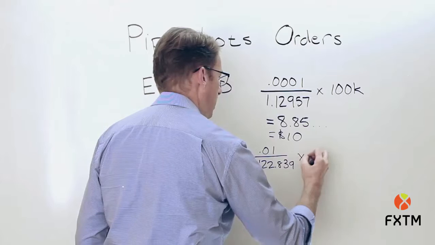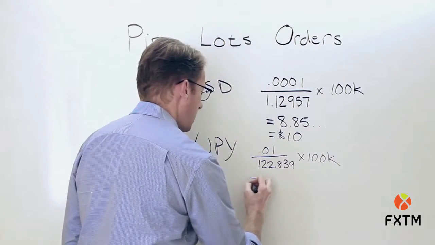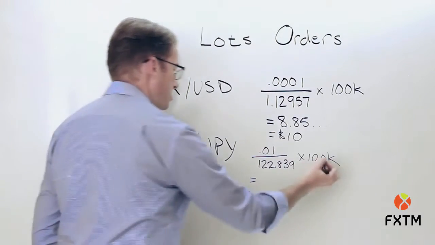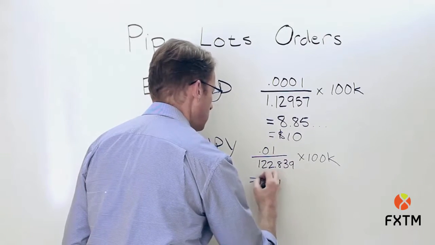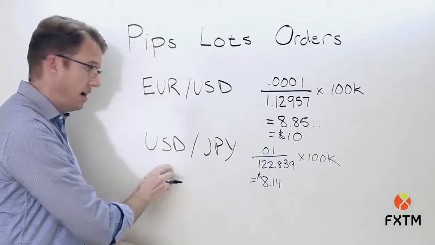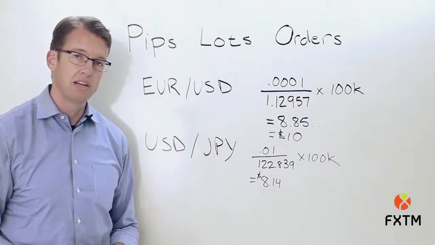And we multiply that by 100,000 units of the base. That's actually going to give us a result that we don't have to convert any further. So the result from this is going to be $8.14. So in this case, where the dollar is over here on the base side, we don't have to further convert this, assuming that your account was in dollar-denominated terms.